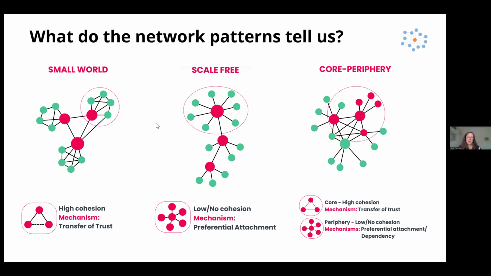So if something happens to edges or nodes within the core, it would be able to reshuffle and reconnect in such a way that it continues to perform its function. And the periphery is dependent on the core. There's very little cohesion in the periphery. That's what gives us the dependence on the core nodes. And if something happens, they are much more vulnerable.